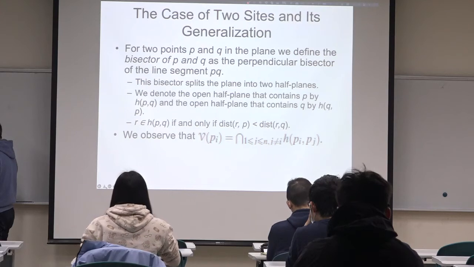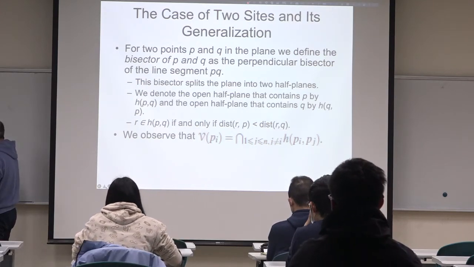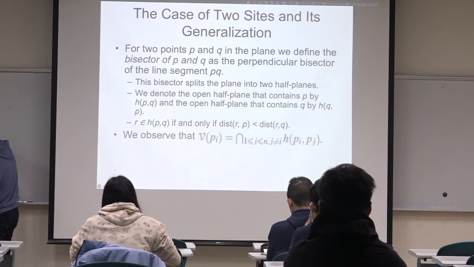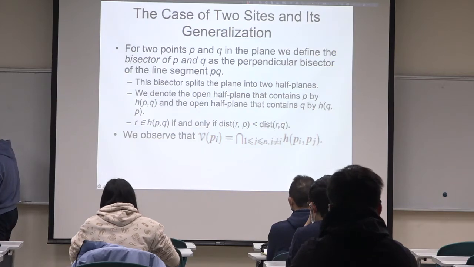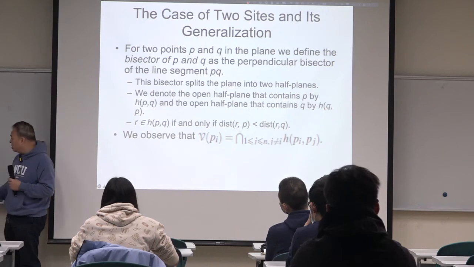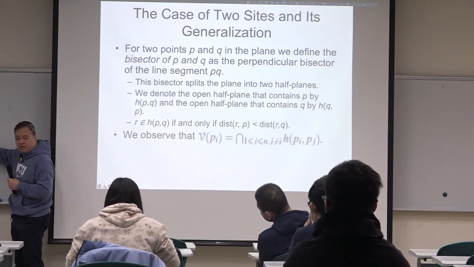Whichever half plane has points closer to one site, say for example this one, because the points here are closer to P1, P1 will be written ahead of P2. Similar logic: the points here are closer to P2 than P1, right?